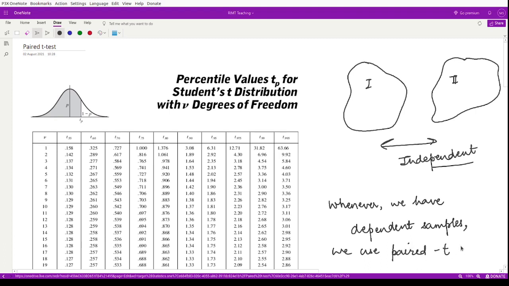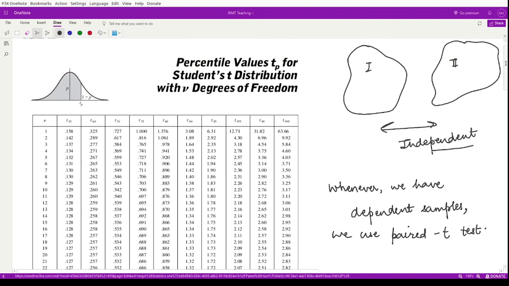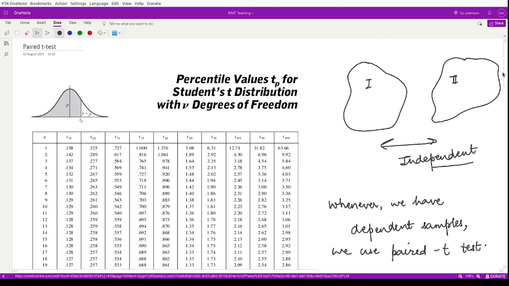This is the name, and the application of this test is very simple.